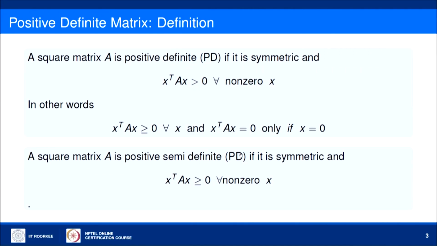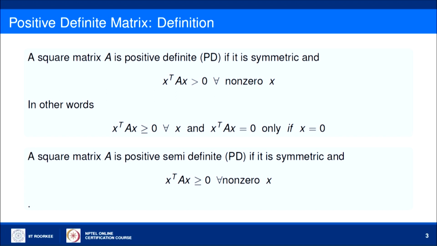A square matrix A is positive semi-definite, or PSD in short, if it is symmetric and x transpose A x is greater than or equal to 0 for all non-zero x. So the only difference between positive definite and positive semi-definite is that here it will be strictly greater than 0 for non-zero x, and here it may be 0 also.